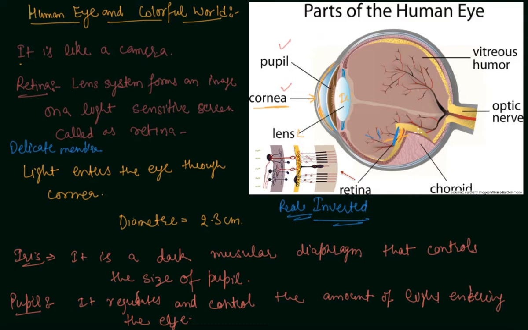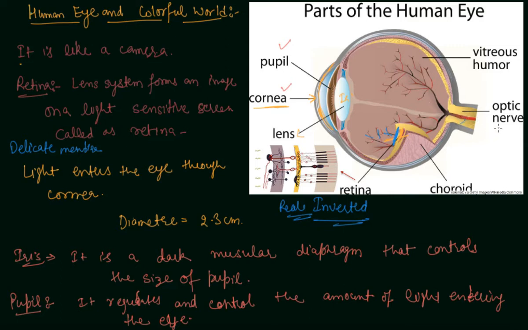The light sensitive cells get activated upon illumination and generate electric signals. These signals are sent to the brain via the optic nerve.